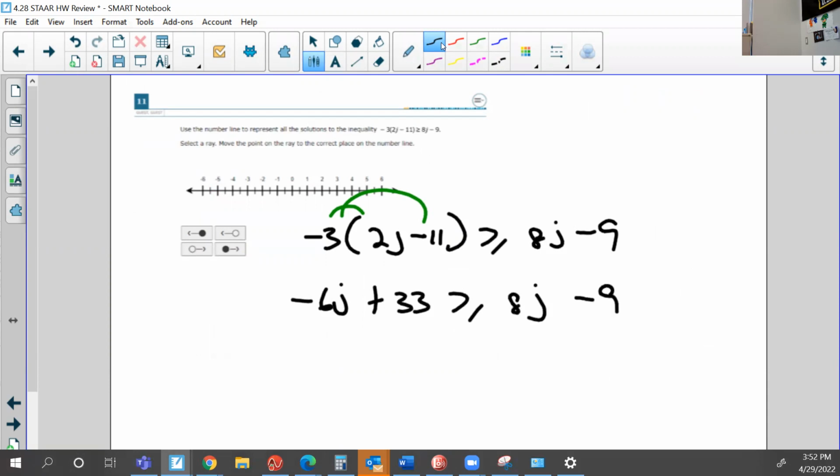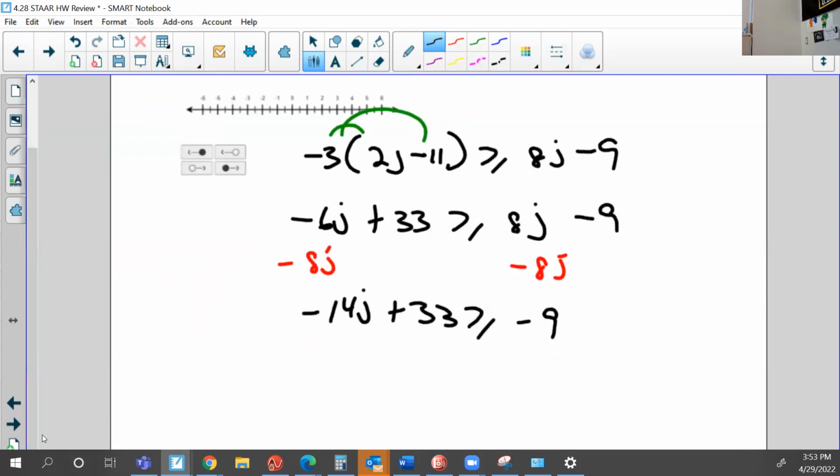And so I'm going to minus 8j on both sides. This gives me minus 14j plus 33 is greater than or equal to minus 9. And let's scroll down. I'm going to minus 33 on both sides, so that gives me minus 14j greater than or equal to negative 42.